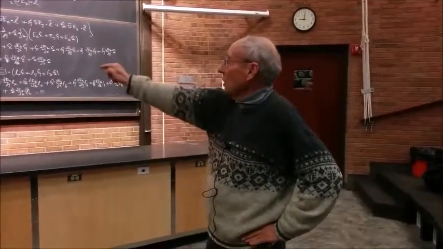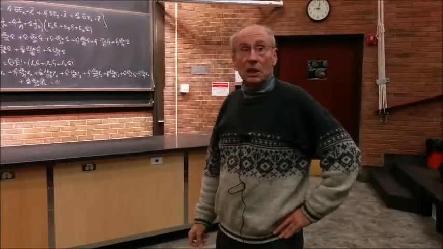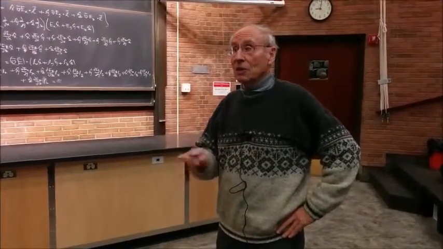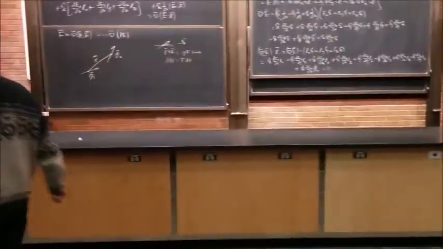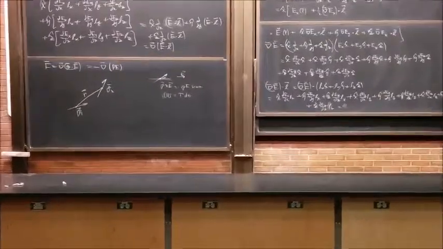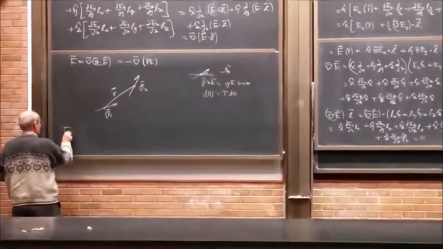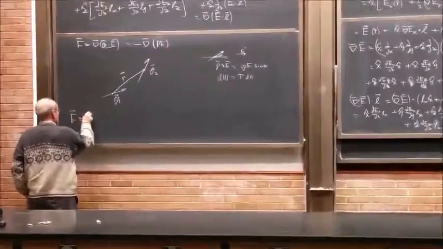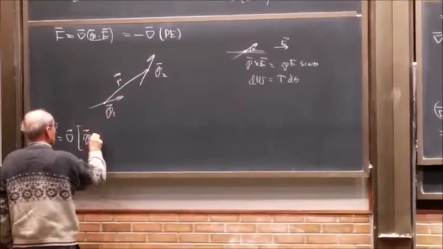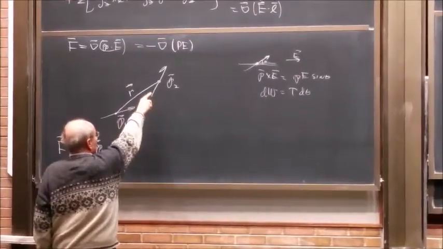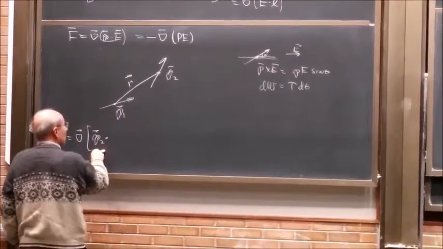Well, we need the gradient of P dot E. But we know what E is. E is the electric field due to a dipole, which we've already worked out. So let's just write it down. The force is equal to the gradient of P2, because that's the one we're finding the force on, times the electric field due to P1.